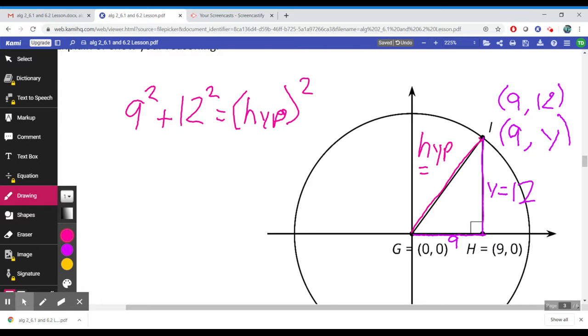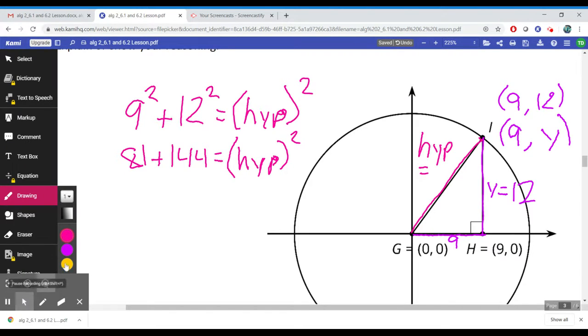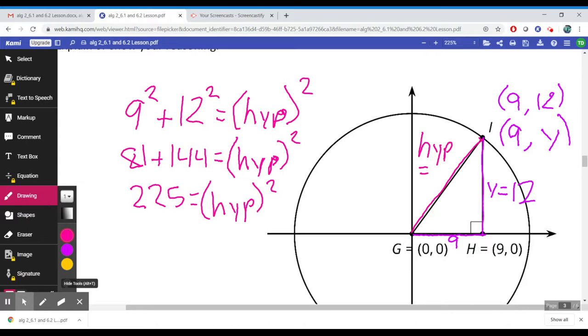So 9 squared gives us 81. 12 squared gives us 144. And when we add those together, we get the square of the hypotenuse. So what is 81 plus 144? I believe that should be equal to 225. So 225 equals the square of the hypotenuse.